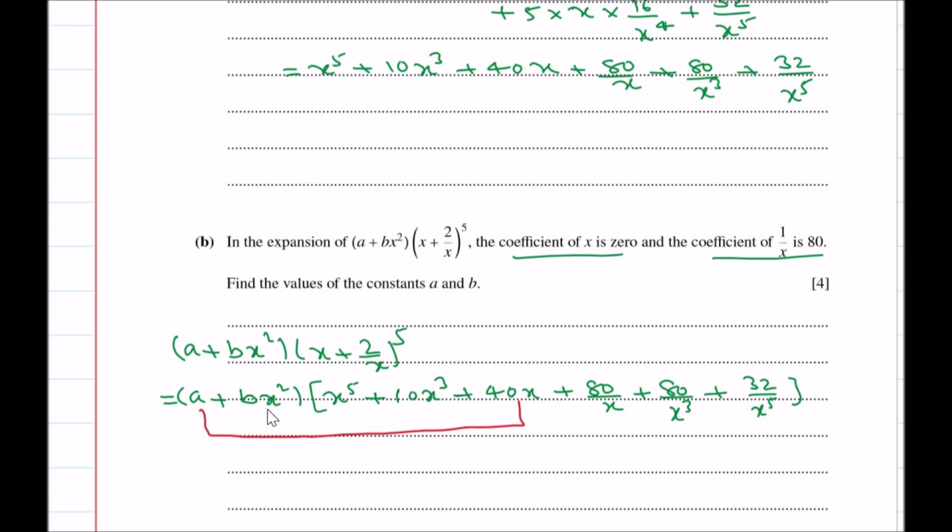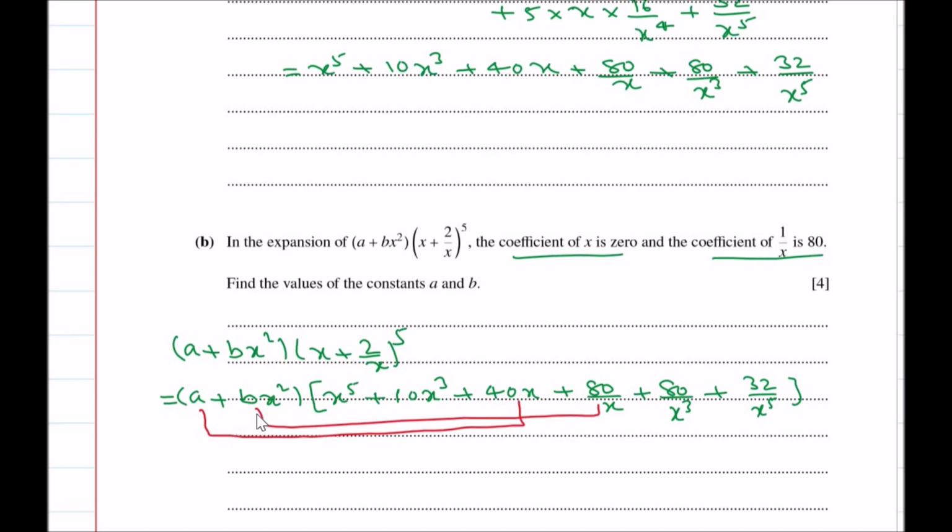Now if we multiply bx square with 80 by x, we get a term with x.